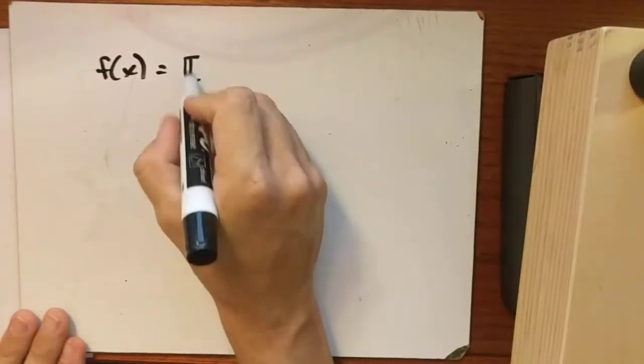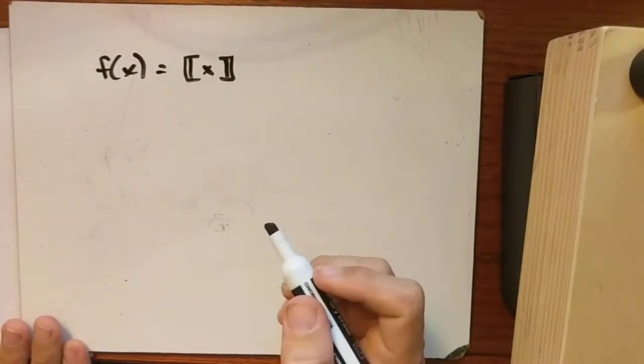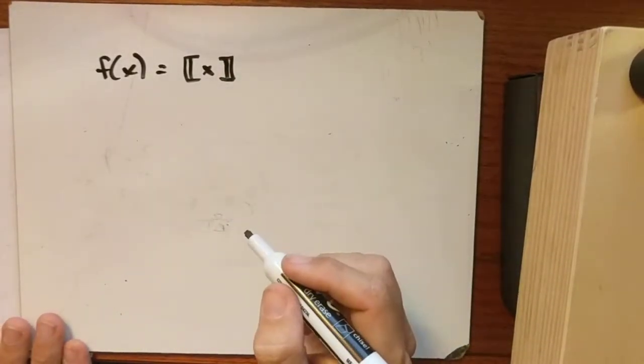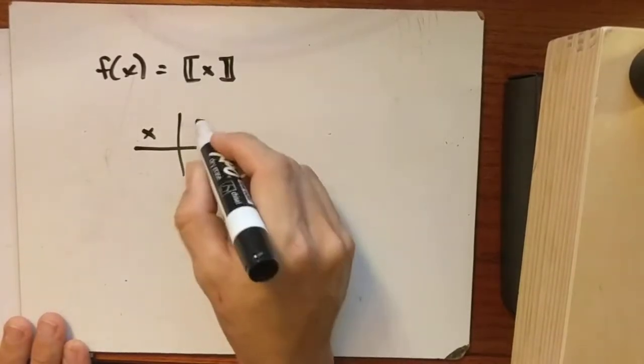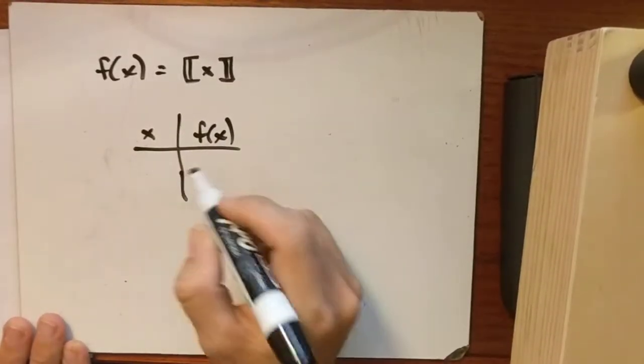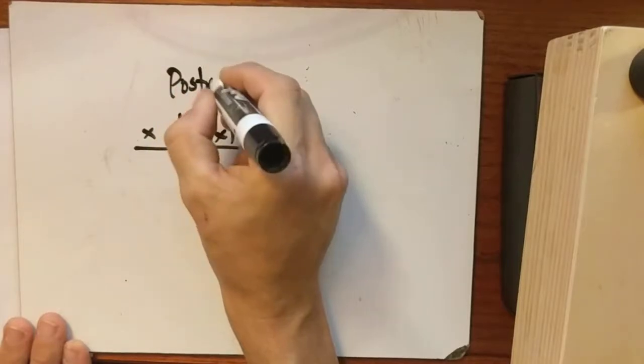Things like this are useful, like say at the post office. Let's just say we want postage, the postage stamps, right?